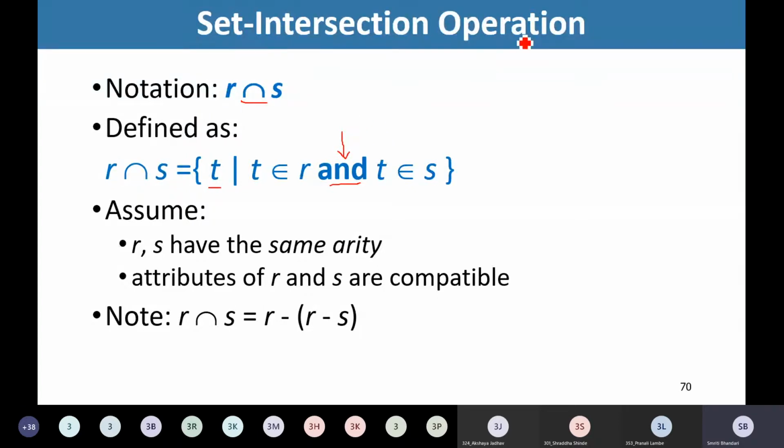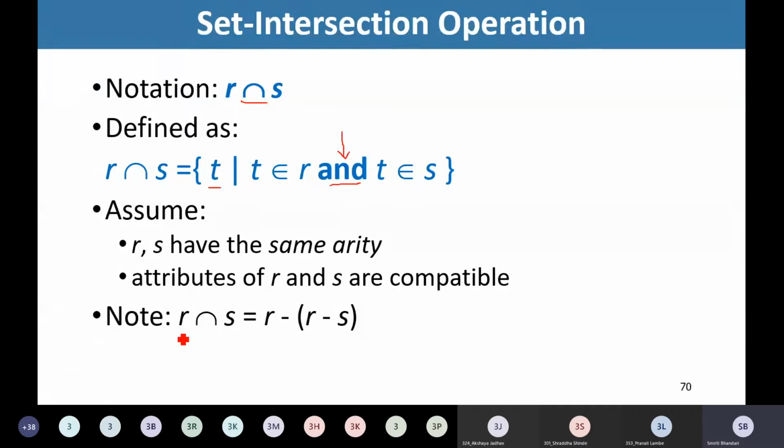Once again, we need to satisfy two conditions here: R and S should have the same arity, and the attributes of R and S must be compatible. Then and only then is it possible to have the intersection operation.